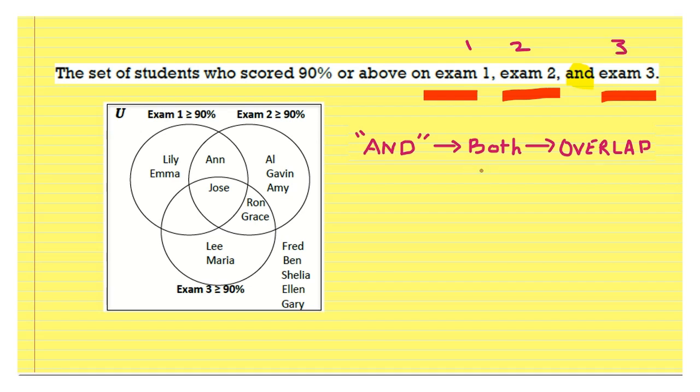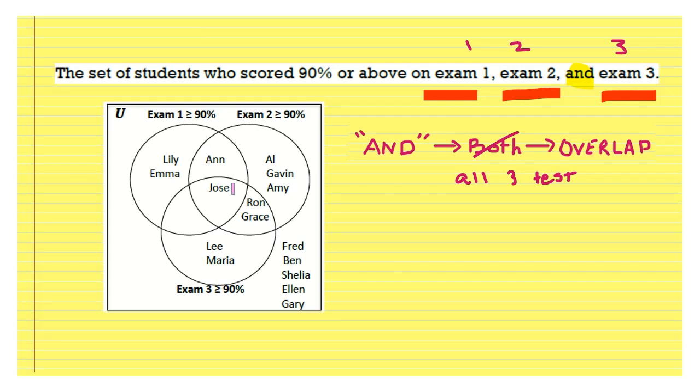And in this particular case, we're talking about 1, 2, 3 exams. So not only is it both, we could actually just mark that out and say all 3 because we're actually talking about all 3 sets, all 3 tests. So the overlap for all 3, if you have 3 circles, 3 sets, the overlap for all 3 is always in the center section.